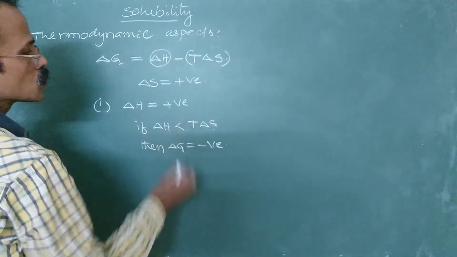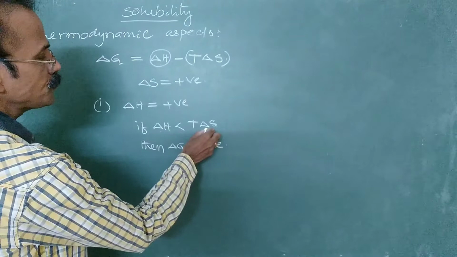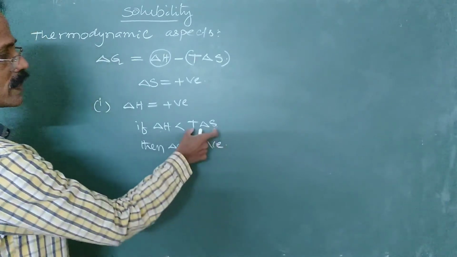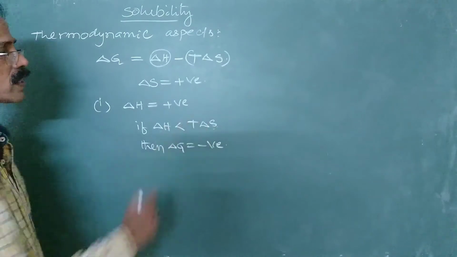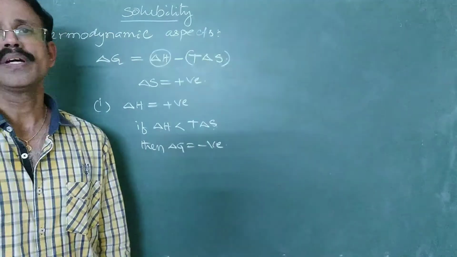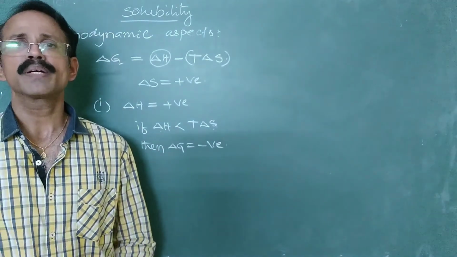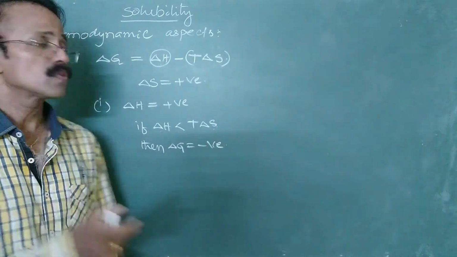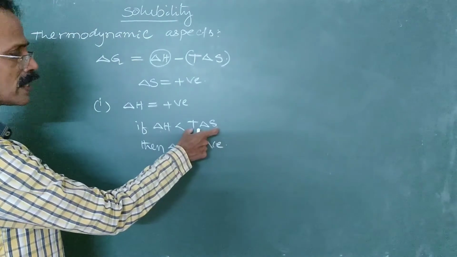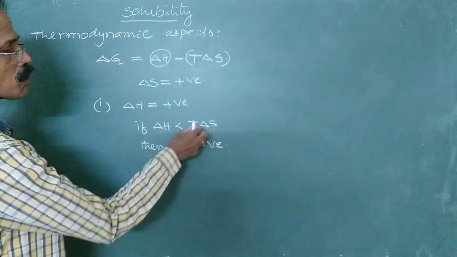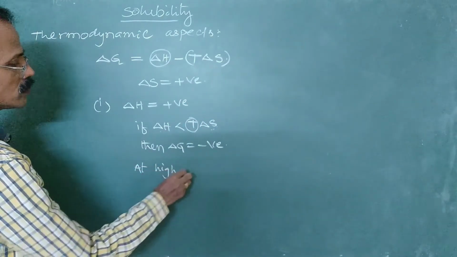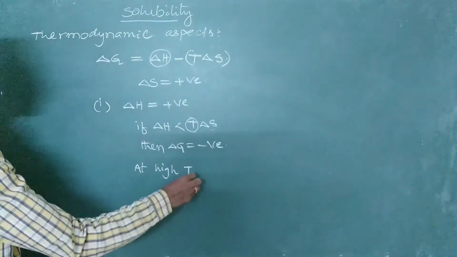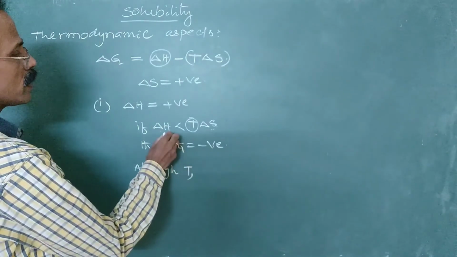Suppose if this product is less, then the reaction is non-spontaneous, because delta G becomes positive. So the value of this term can be increased by raising the temperature, right? At high temperature, what happens?